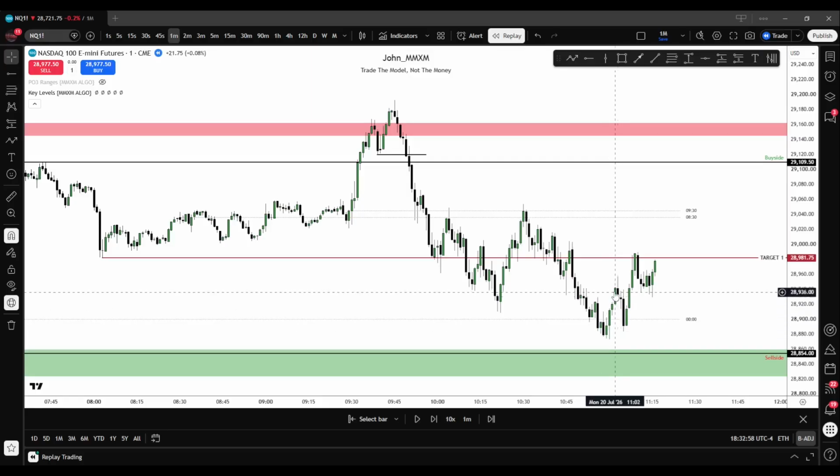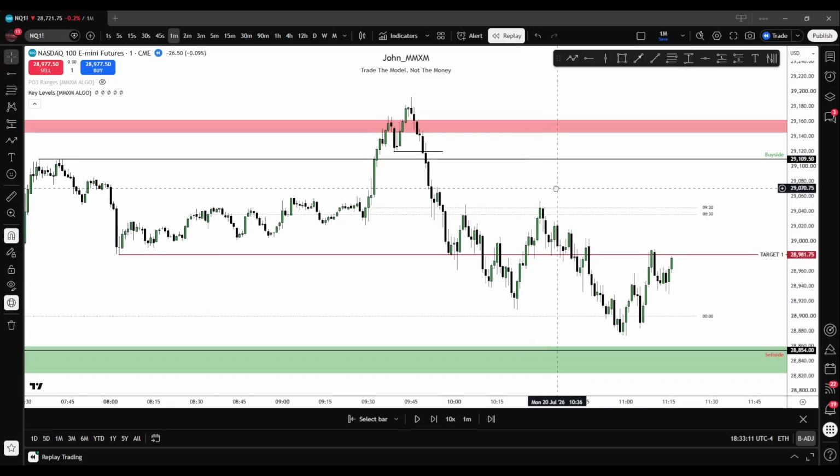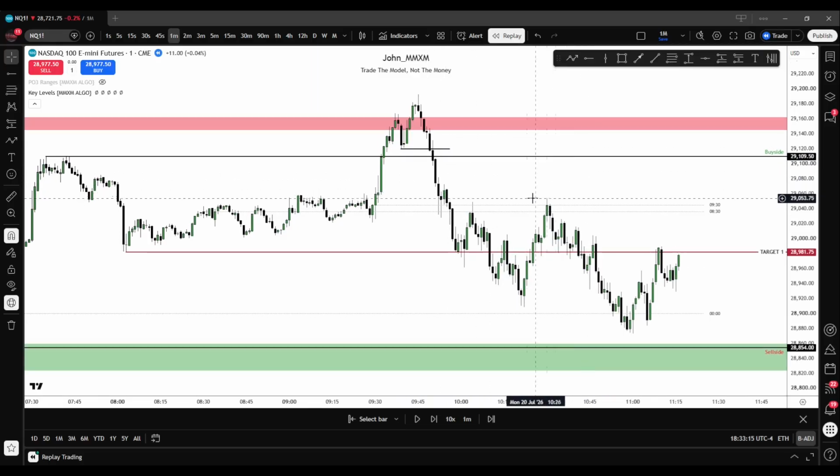They take a while, but you can see, since I already saw the whole day, that price does retrace a little bit around the buy side area, the level, and then it keeps shorting all the way down. But this right here would have been the entry. Very simple. You can see how often price references the 9:30 right here again to keep shorting, the 8:30 as well.